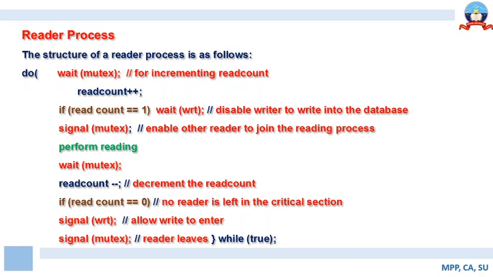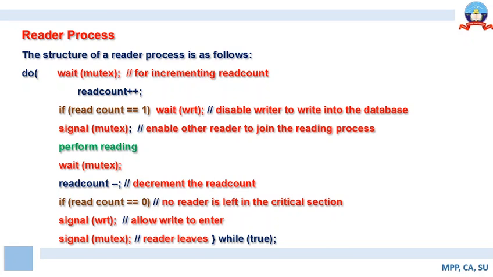Once the read count is incremented, if read count equals 1, then I'll make the writer process wait. Once the writer process waits, we can allow multiple readers to come into the reading process. For that, I am signaling the value of mutex, incrementing it by 1, right?